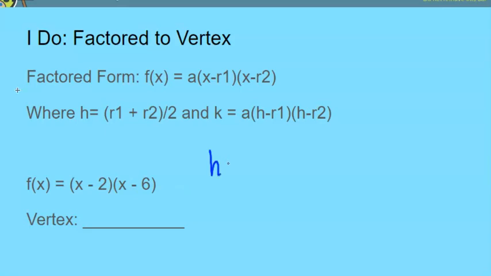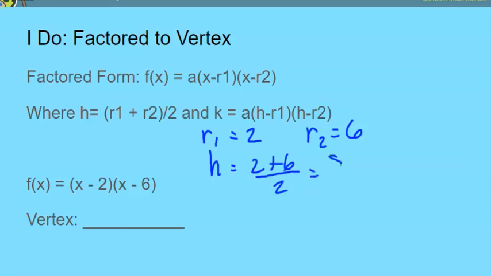So to find h, we will first identify r1 and r2. r1 is 2. r2 is 6. So h is going to equal 2 plus 6 divided by 2. That's 8 over 2. That equals 4.